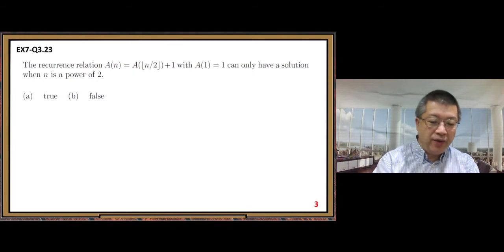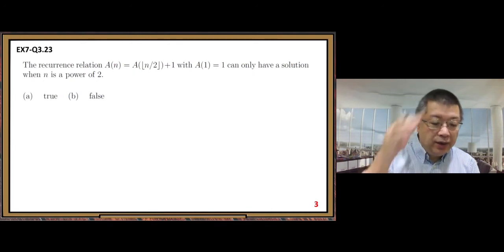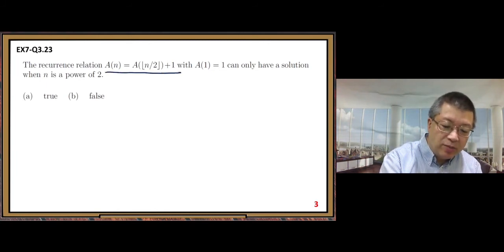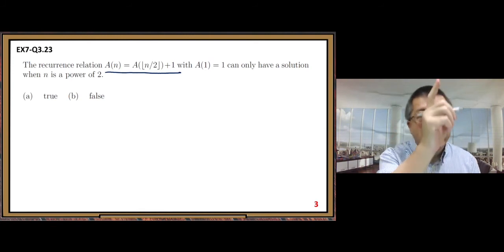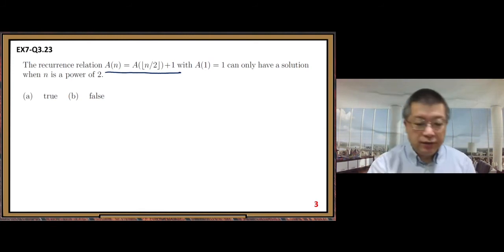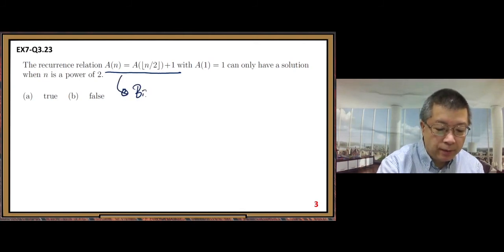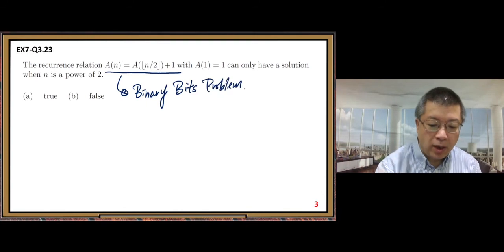The third question. The recurrence relation. So this one corresponds to our binary bits problem, right?